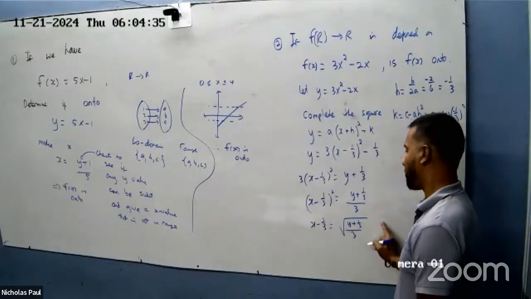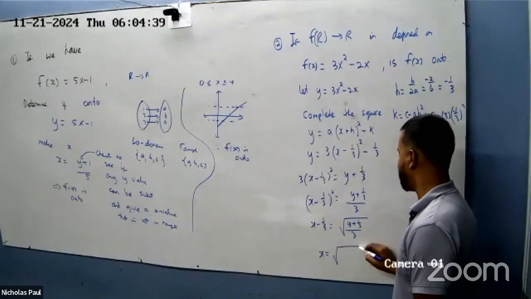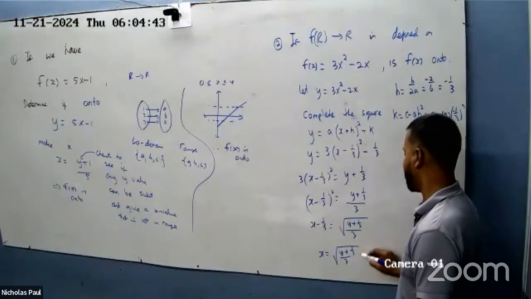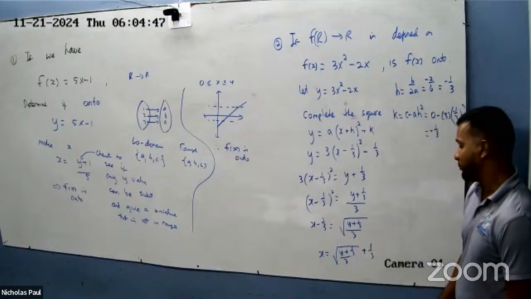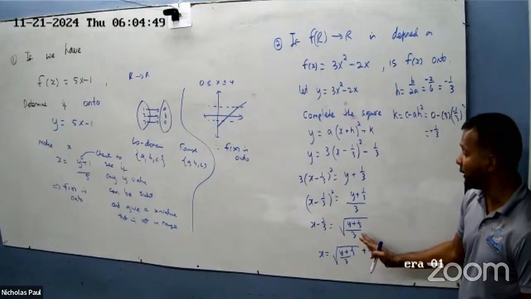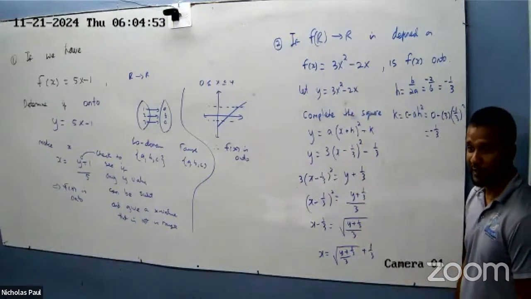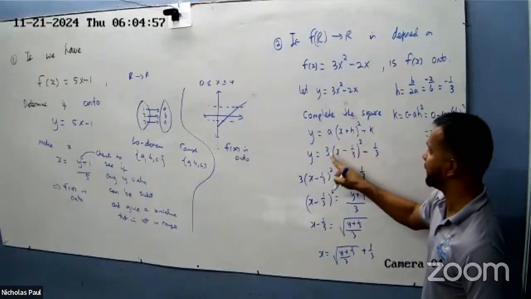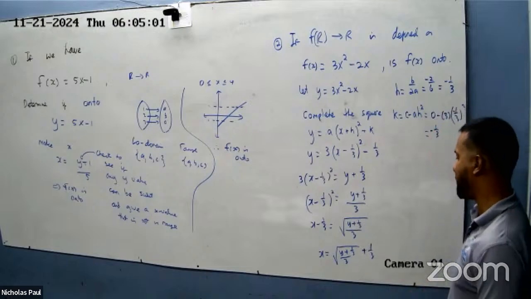Then carry across that minus 1/3, so x equals the square root of (y plus 1/3) on 3, plus 1/3. I know it's looking a little hard. If you wanted, you can multiply everything by 3 and make it look a little bit nicer.